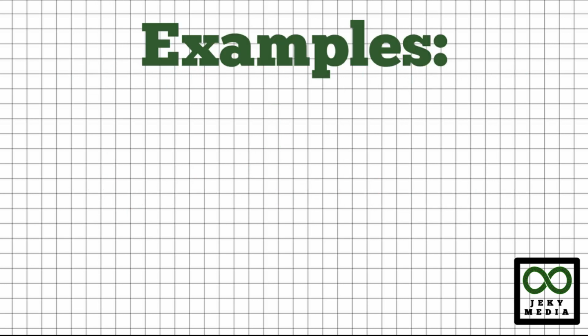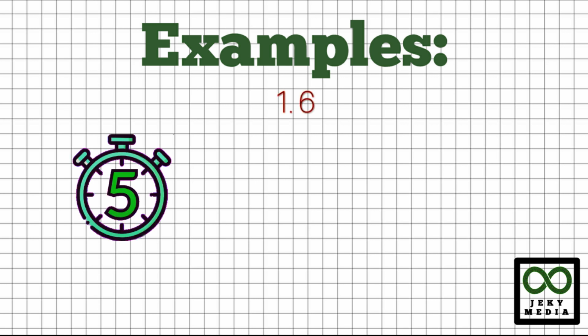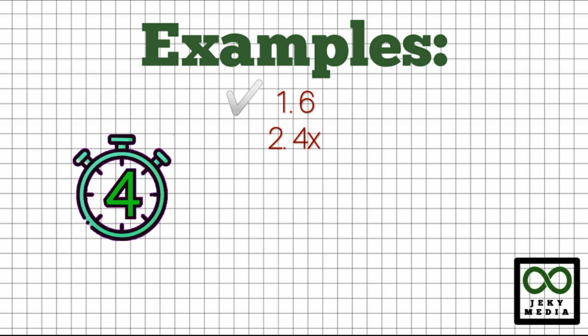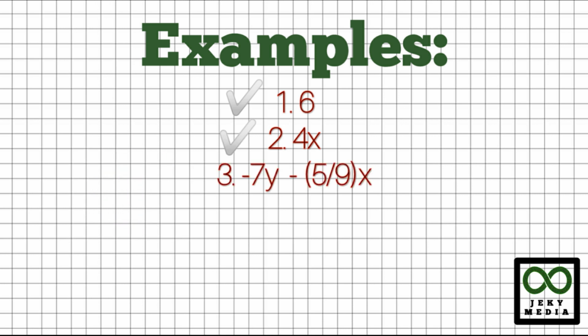Now, let's have some examples. Let's identify each if it is a polynomial or not. Number 1, 6. A polynomial. Number 2, 4x. Polynomial again. Number 3, negative 7x minus 5 9x.